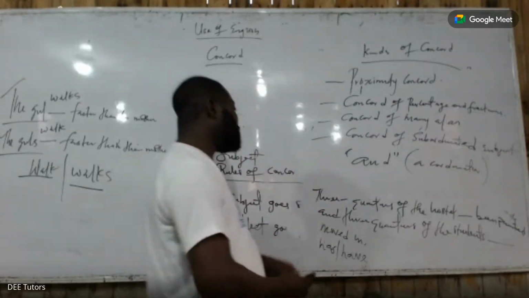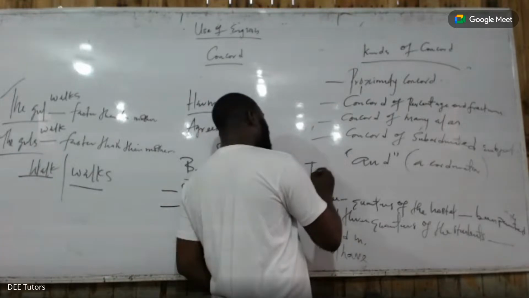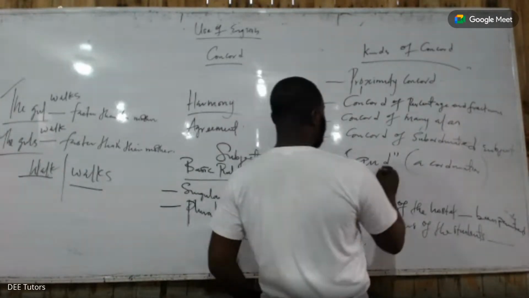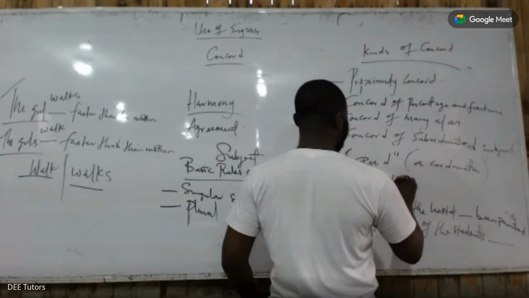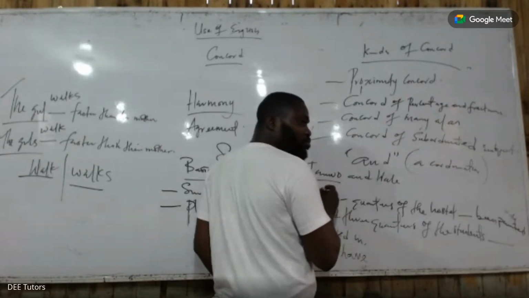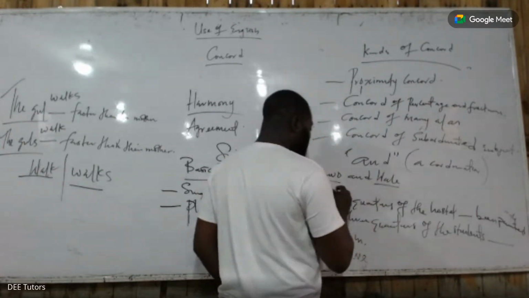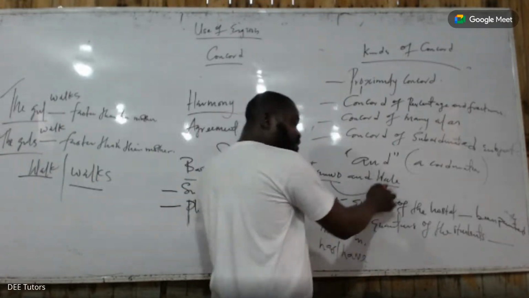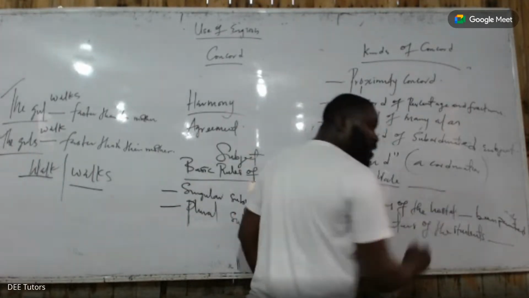That is, we have a case like Taiwo and Kunle or Wale. Taiwo, Wale, 1 plus 1 will give you what? 2. So both of them will be relevant in controlling a verb.